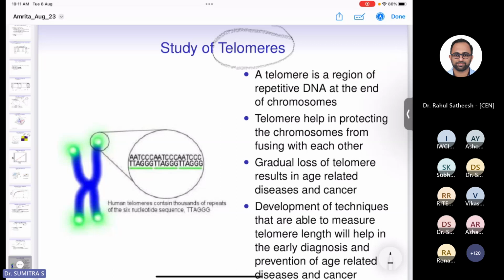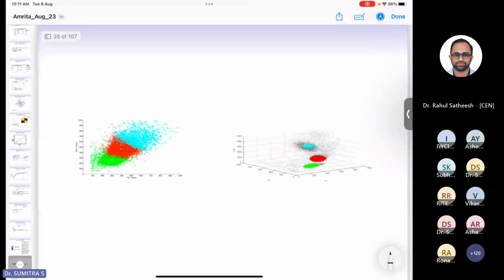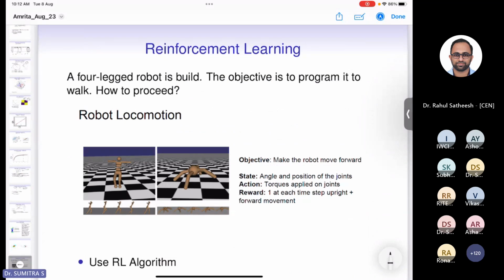We collect the data from different blood cells using some devices, and the algorithm has to divide it into different groups: this data comes from these cells, this data comes from those cells. If the data has two attributes it divides into two groups, or with three attributes it divides into different groups. That is what unsupervised learning is about.